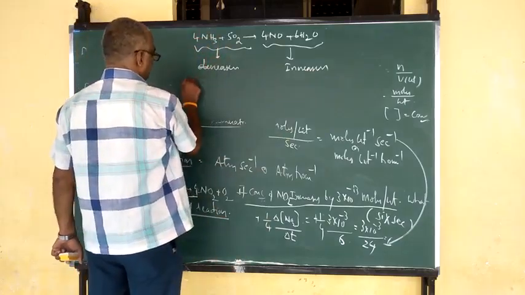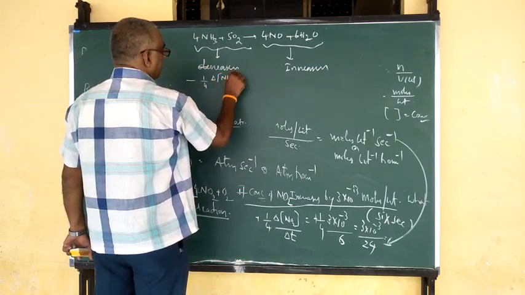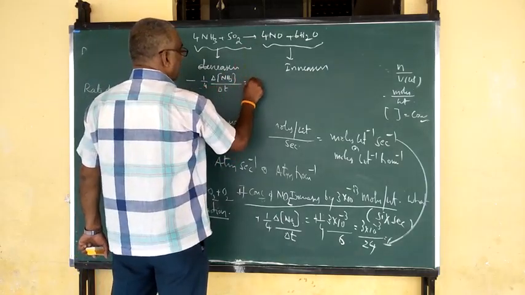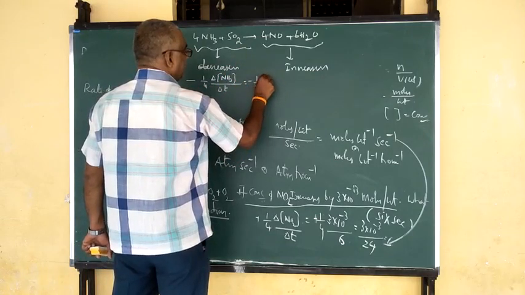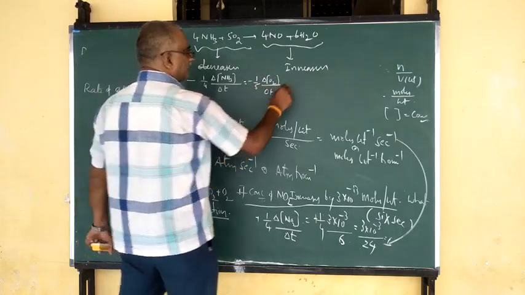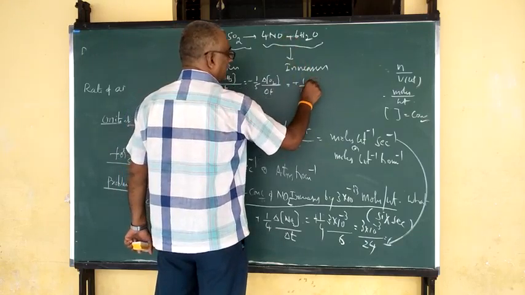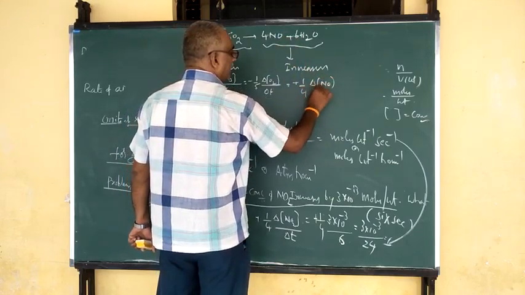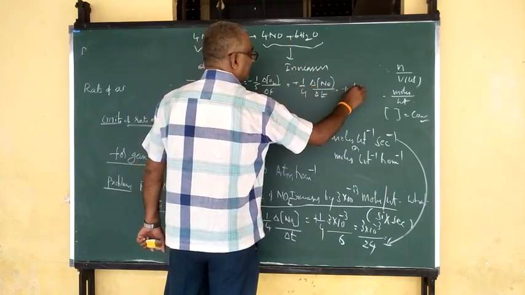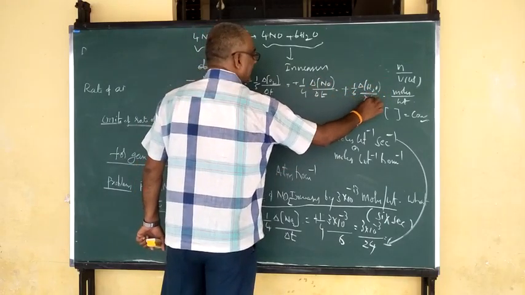How to write it? For the reactants, minus 1 by 4 delta concentration of ammonia divided by delta T, equal to minus 1 by 5 delta concentration of O2 divided by delta T, equal to plus 1 by 4, since these are products, concentration of NO divided by time taken, equal to plus 1 by 6 delta concentration of H2O divided by delta T.